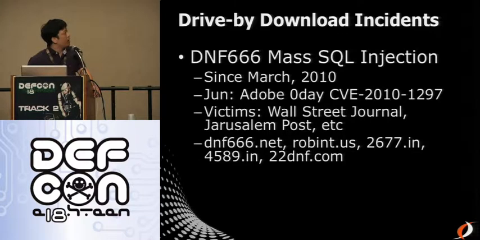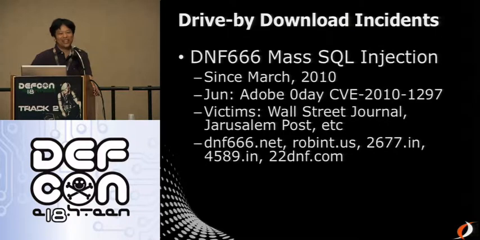A recent one, DNF 666. If you haven't heard of this, you can go to our blog. Just Google for the keyword. It started since March 2010, initially leveraging an Adobe 0-day. The victims included Wall Street Journal, Jerusalem Post, and then we later found out that all of that effort was just to steal online accounts to online games in Asia.